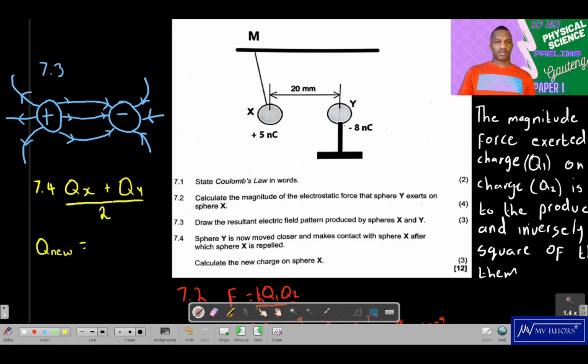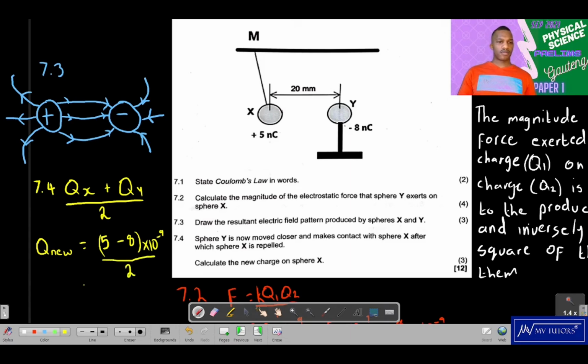Okay, so this one was 5, and this one was minus 8. I want to convert them, so I'm going to say times 10 to the power minus 9, divided by 2.